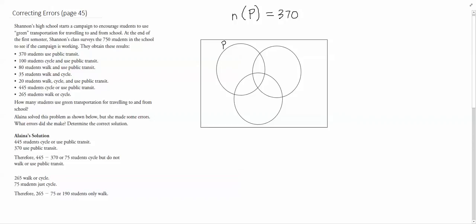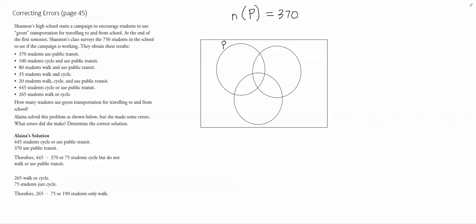And essentially, we're not told how many students use all three. So that's again where our X comes into place. Oh, I'm wrong. I wasn't paying enough attention.